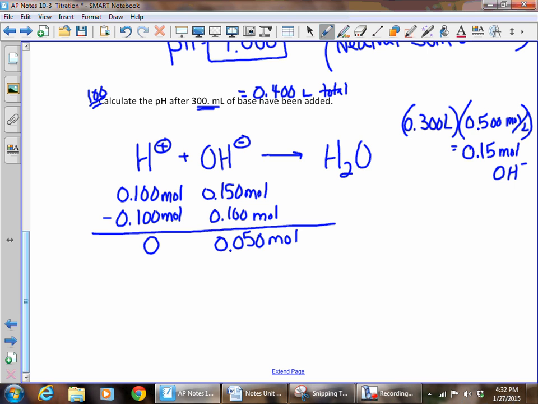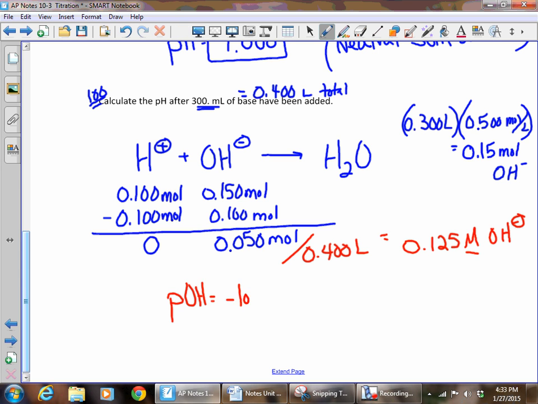So we need to change this back to molarity. That's our last step always. So I'm going to divide that by the 0.400 liters of solution, and I get 0.125 molar hydroxide ions. The hydrogen ions were used up. That's not what it asked for. It asked for pH. Well, we know that pOH is the negative log of the hydroxide ion concentration.